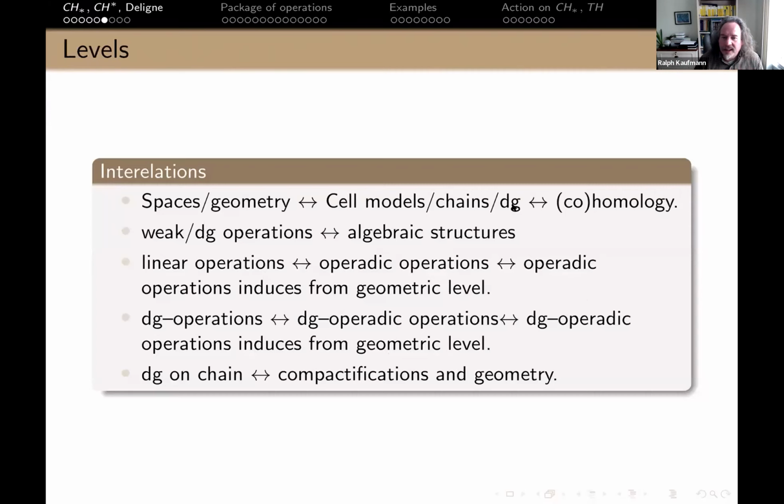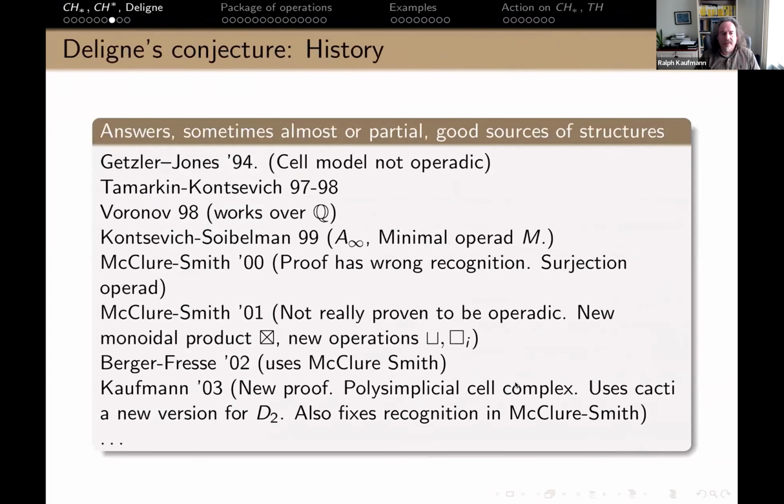You start here, then you have a weak thing, and you ask yourself, is there a geometry? This is where I said, the geometry of operations. Sometimes it's easy to lift the linear part, and then you get the DG part on the chain, and that tells you how to actually compactify your spaces. So there's a reverse operation, which tells you that if you wanted to have DG, your spaces have to satisfy certain equations.